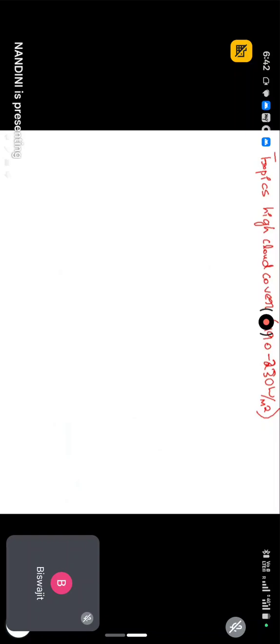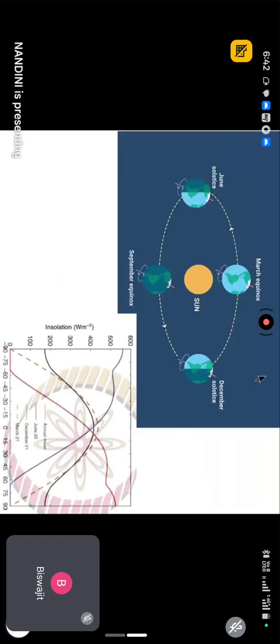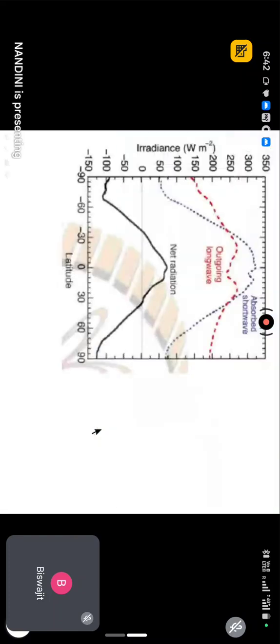Now, here we were talking about the net balance. So the net balance or the net radiative flux over the hot deserts, is it positive or negative, is what we were talking about.